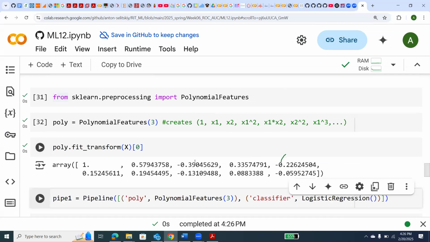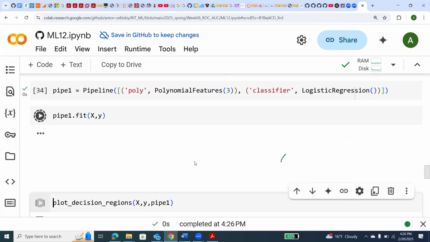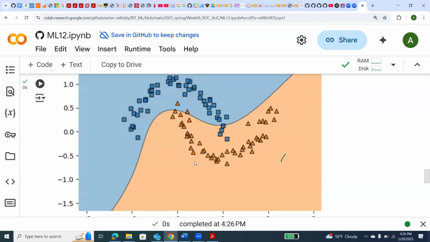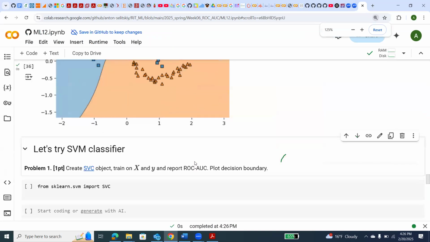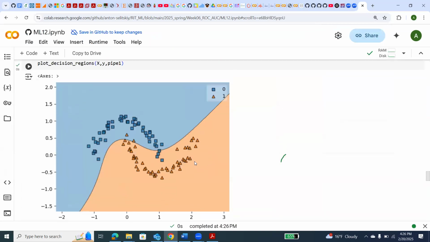So if we introduce these polynomial features, the decision boundary looks like this. So we spend a lot of time talking about linear functions, linear decision boundaries, but you can generalize this for non-linear decision boundaries, just use a function instead of x.